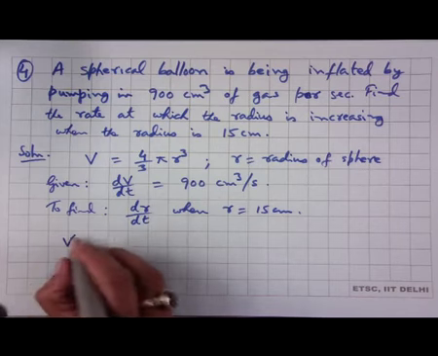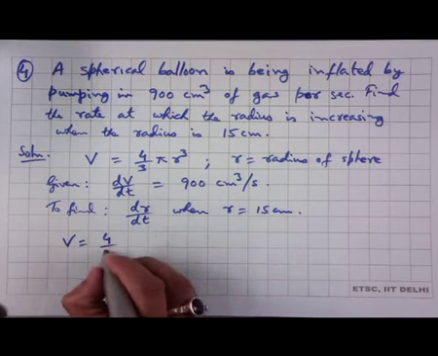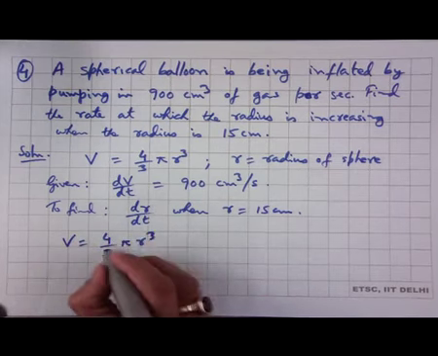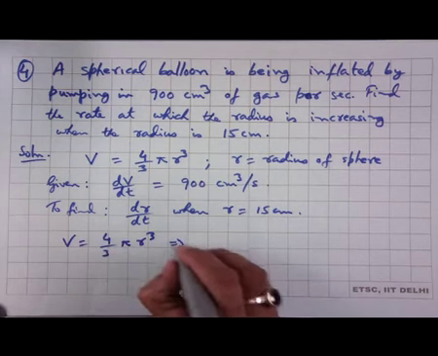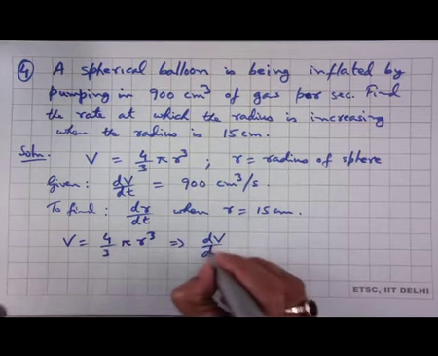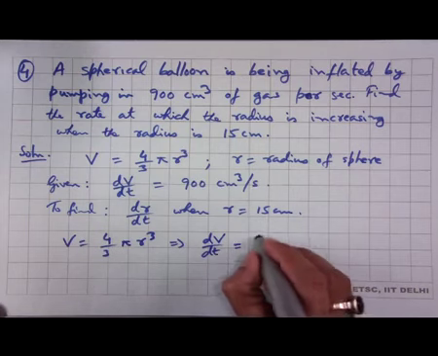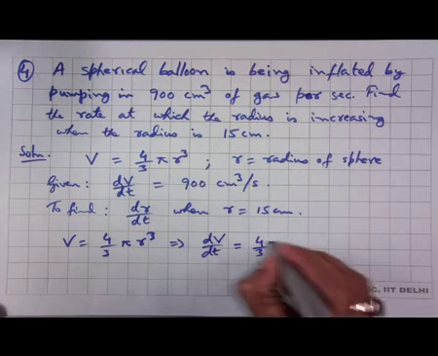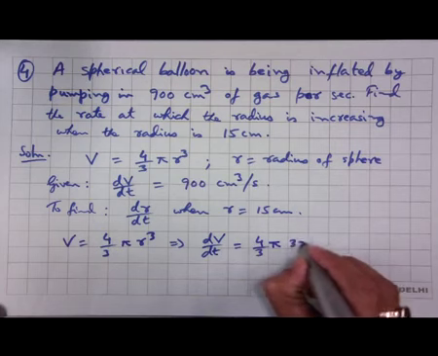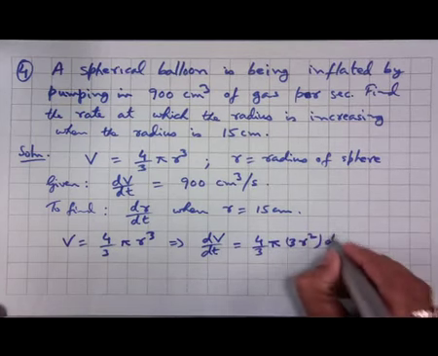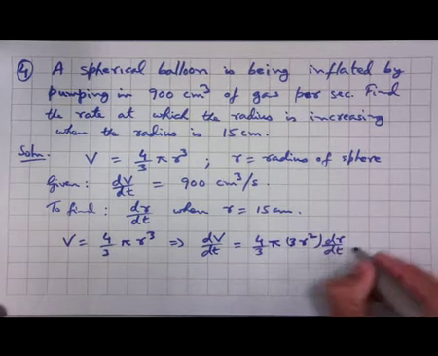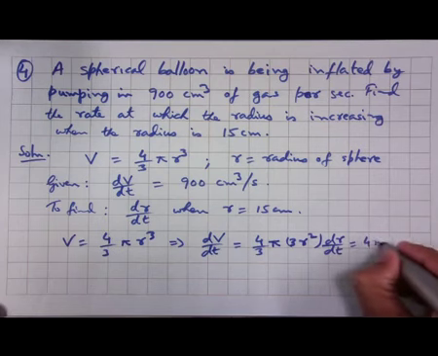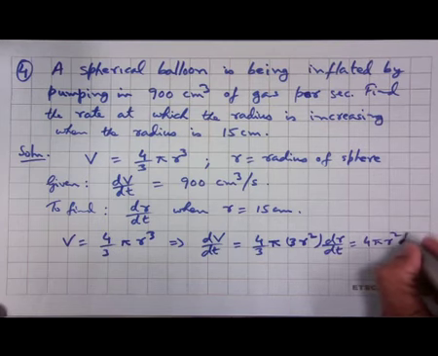So, since V is equal to 4/3 pi r cubed, dV/dt is equal to 4/3 pi times 3r squared times dr/dt. So, this is equal to 4 pi r squared dr/dt.